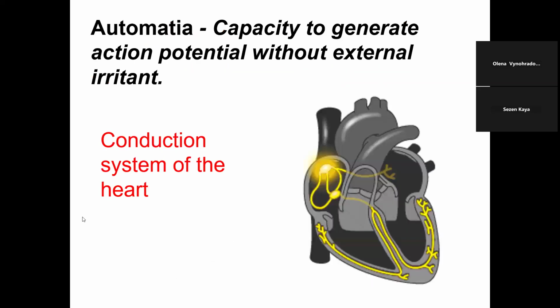What does it mean? It means that our heart has the capacity to generate action potentials without any external irritant. It does not need hormones or any stimuli from the nervous system to continue to contract, to continue to pump.